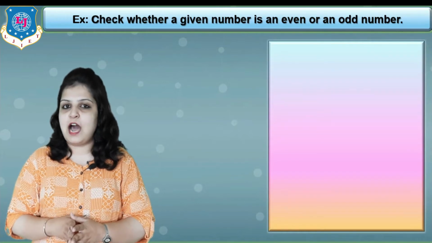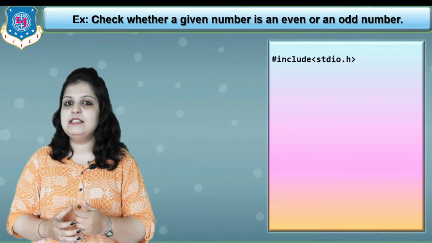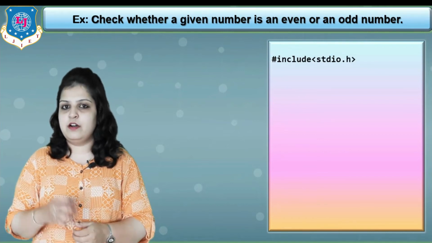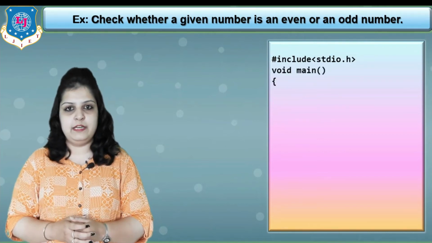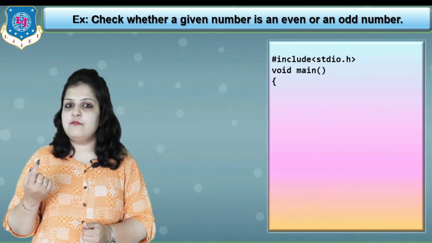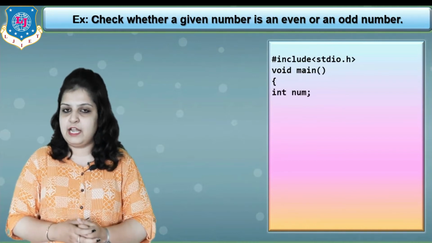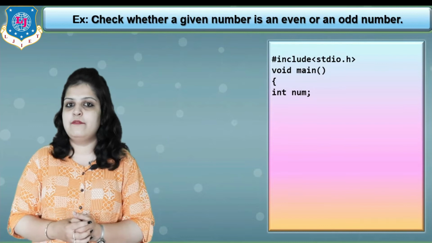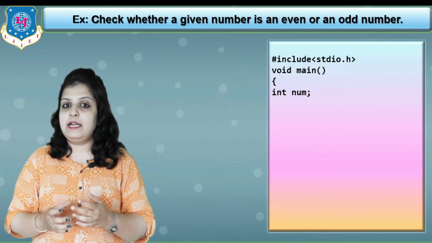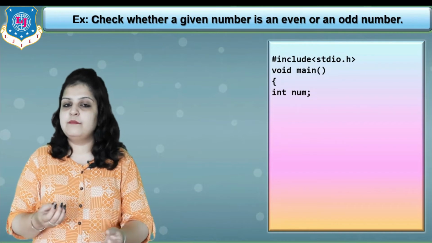So first of all, how can we write the program? First include our header file, that is stdio.h. Then our whole code we have to write in the main function. So write void main function. Now we have to check for only a single number, so one single variable we have to declare. Here int number is our variable, and I want to enter the value of this variable at runtime from the user.